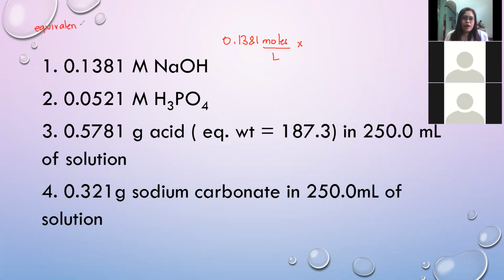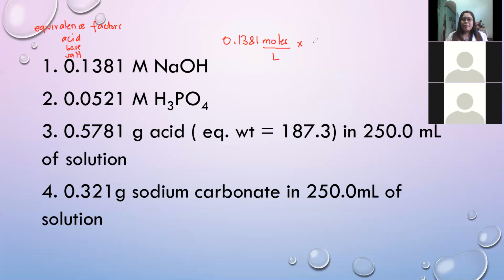I believe you can still remember the factors, right? For acid, base, and salt, let's review. For an acid, you just have to count the number of hydrogens. For a base, you count the number of hydroxides. And for a salt, you identify the total number of positive or negative charges. So we use the equivalence factor when we want to convert molarity to normality.